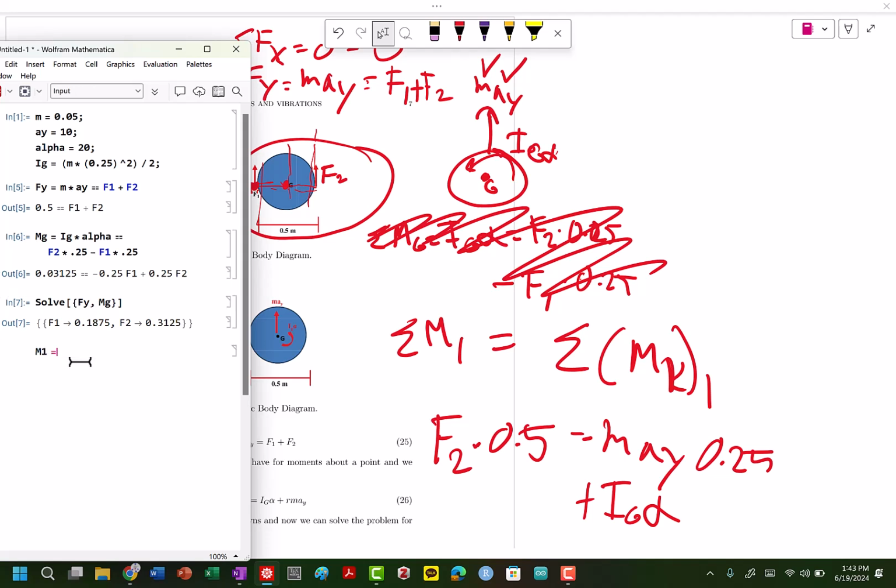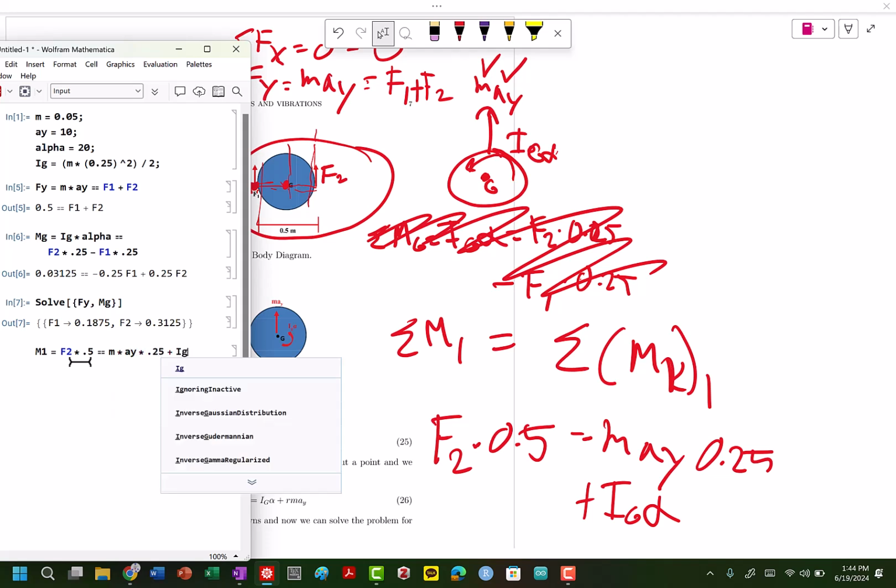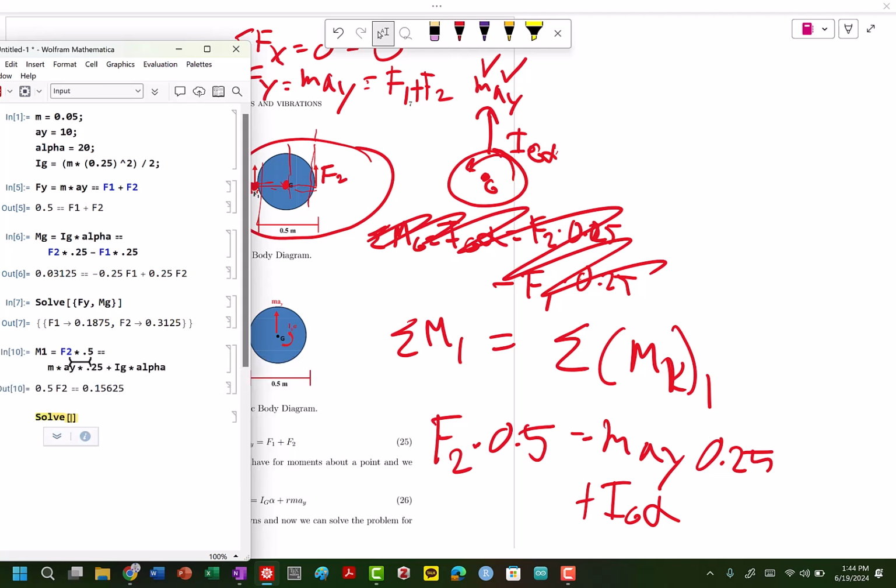M1 equals F2 times 0.5, set equal to mass times AY times 0.25 plus IG times alpha. And then let's solve. And isn't it great when it all comes together?